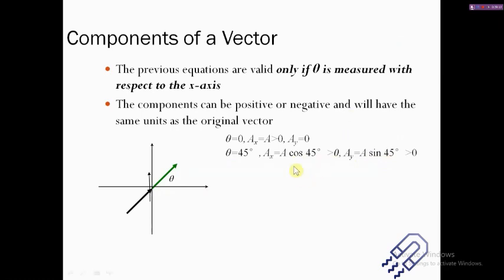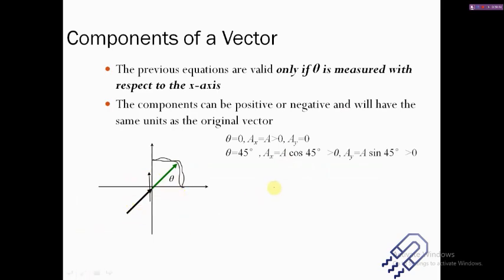And A is the same vector, so whatever displacement is along the x-axis, the same displacement is along the y-axis, correct? So if I draw these lines, it will basically become a square.